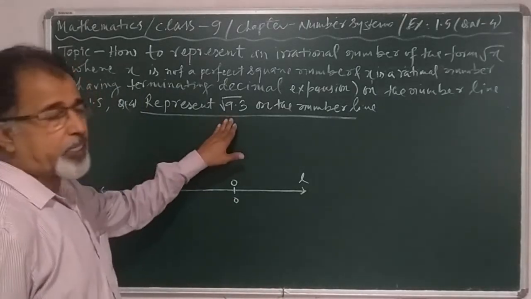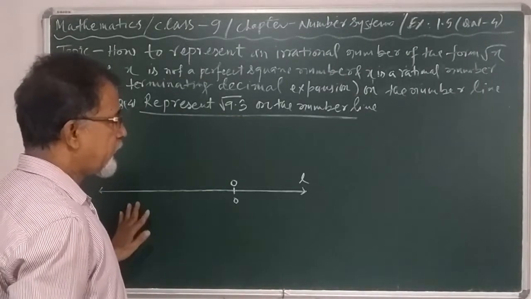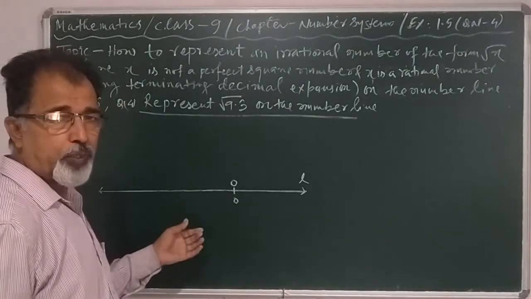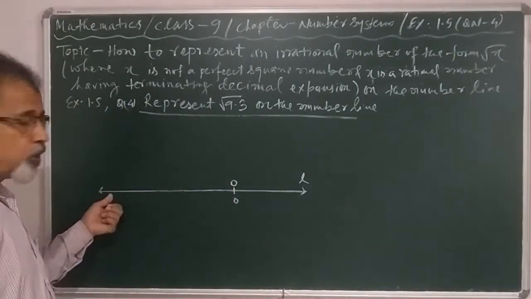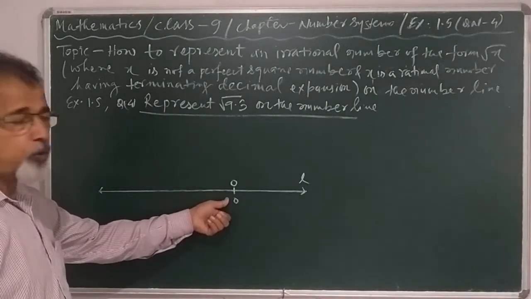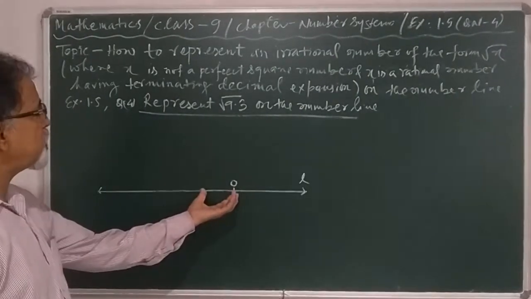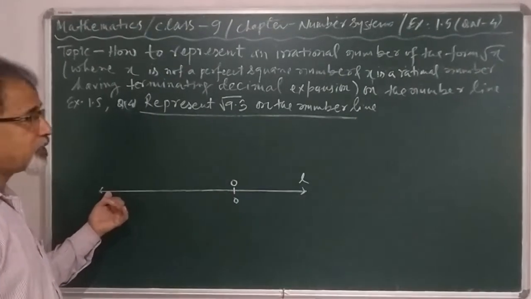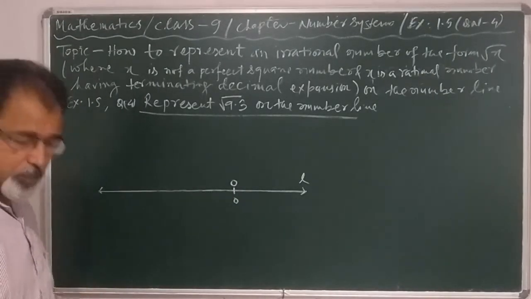We have to represent root over 9.3 on the number line, and therefore I am going to take a point on the left side of O where the distance between O and the point is 9.3 units.